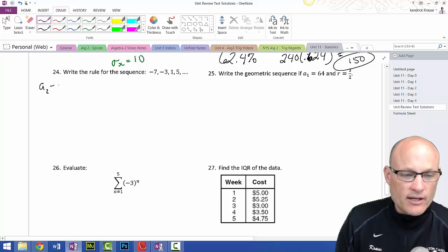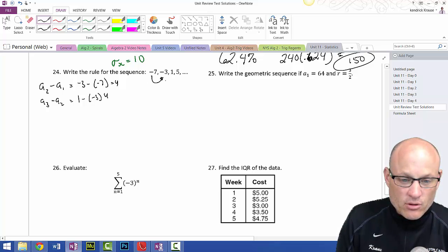Take A2 minus A1. -3 minus -7 would be 4. A3 minus A2 would be 1 minus -3, which is 4. I think it's obvious that I'm adding 4, adding 4, adding 4. So my D is 4.